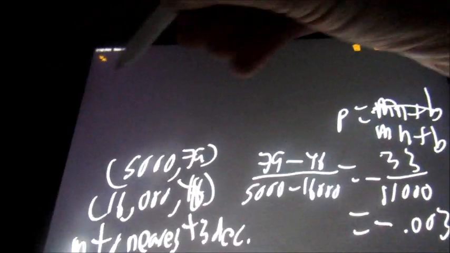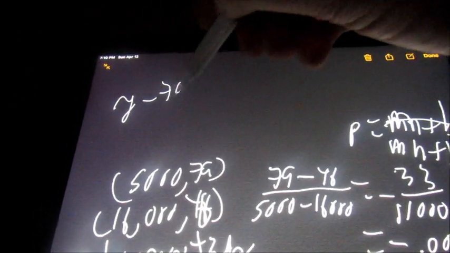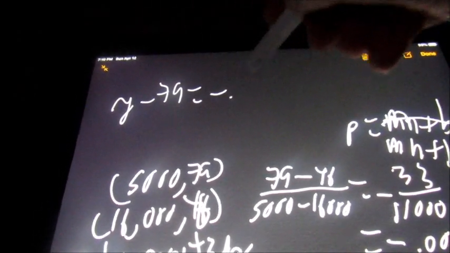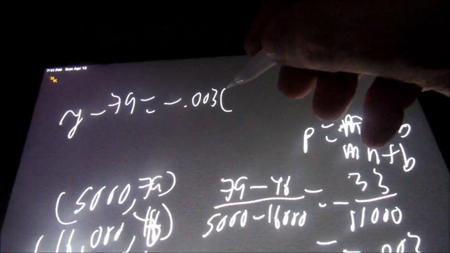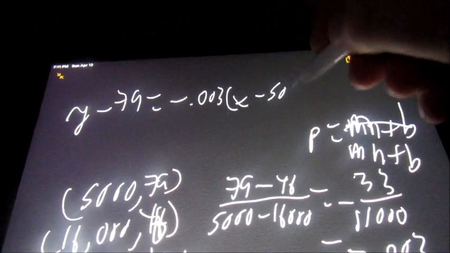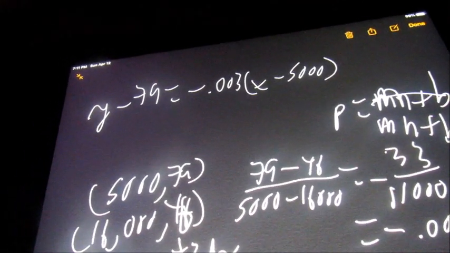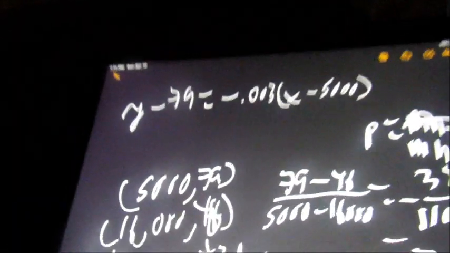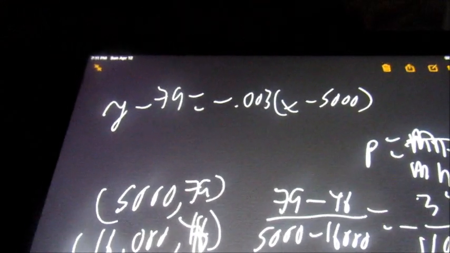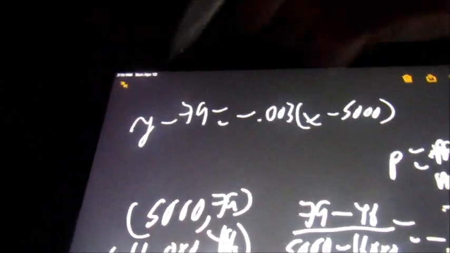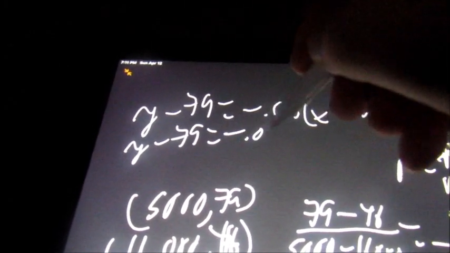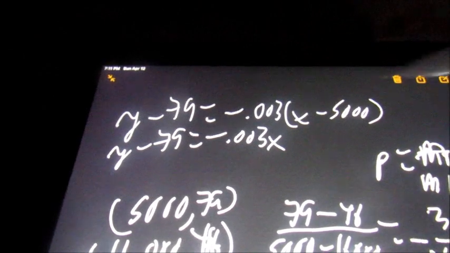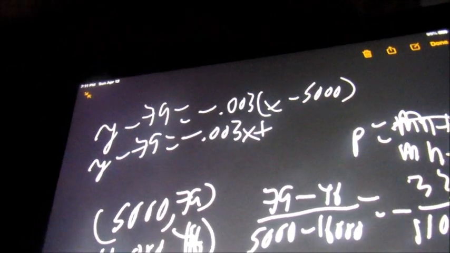So I'm going to have y minus 79 equals negative 0.003 in parentheses x minus 5,000. And then I have to multiply through here. Y minus 79 equals negative 0.003x plus 15.